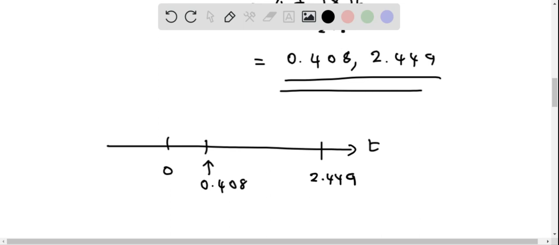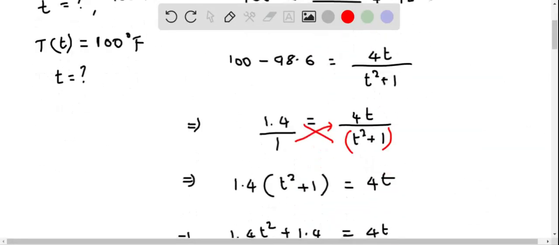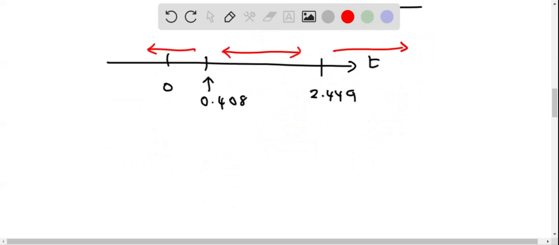So we have these intervals: anything less than 0.408, between these two values of t, and t greater than 2.449. So to determine the exact interval, we have to utilize the given temperature function. So let me copy the temperature function, which is T of t equals 4t over t squared plus 1 plus 98.6.